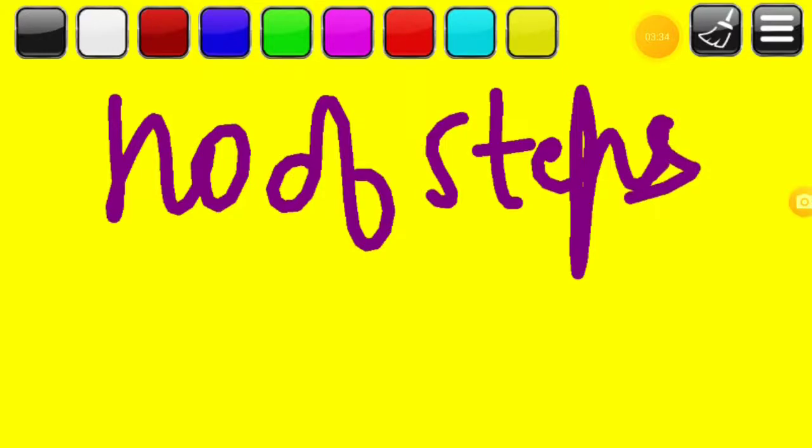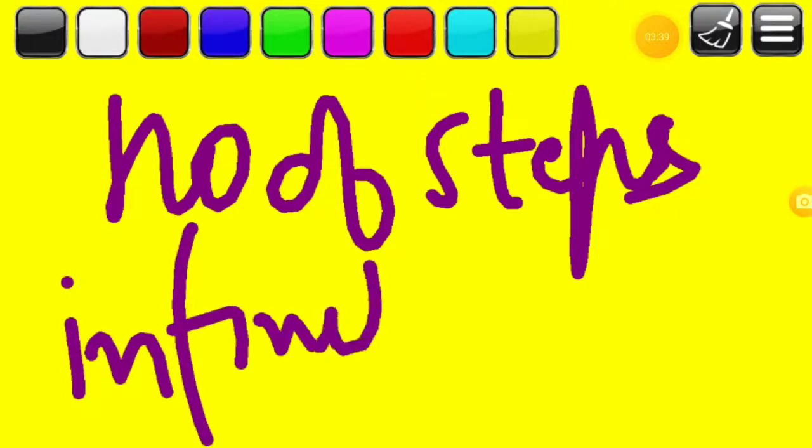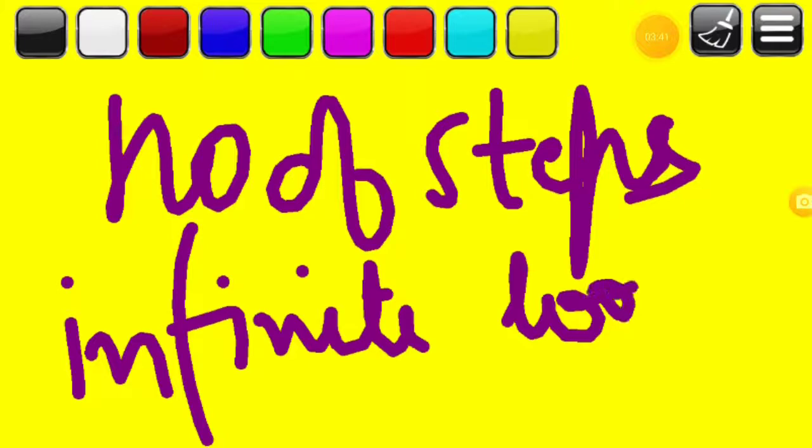Due to this, the algorithm may get stuck in an infinite loop. So we will not use uniform cost search when we have infinite loop types of searches.